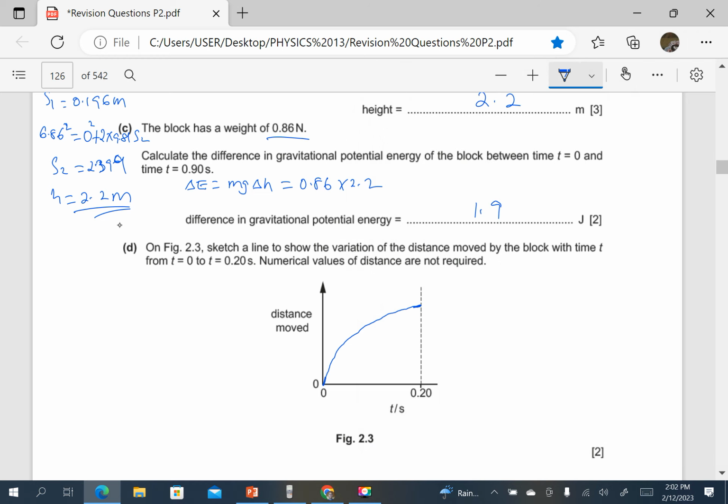So our graph will look like that. You can draw a perfect smooth curve with a pencil. So the gradient decreases and must be 0 at 0.2. It must be a horizontal line at 0.2 only.